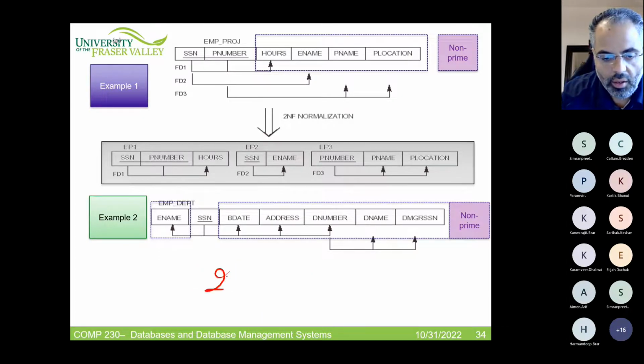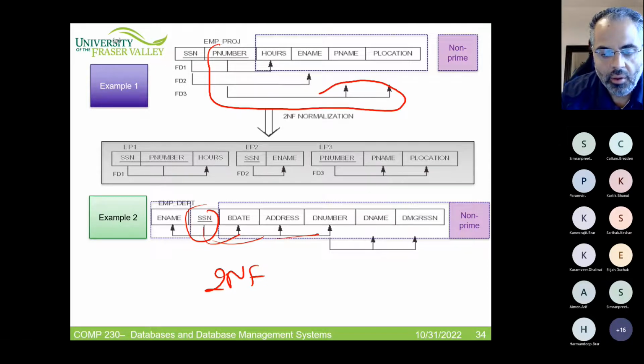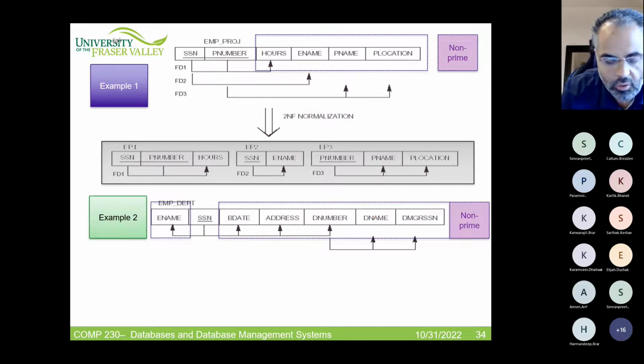So second means that any primary key should give a relationship, but no part of the primary key, like what happened here, should be related with non-primary. But it doesn't say that non-primary cannot be related to each other. Still non-primary can be related to each other. You got it? Yes, thank you.